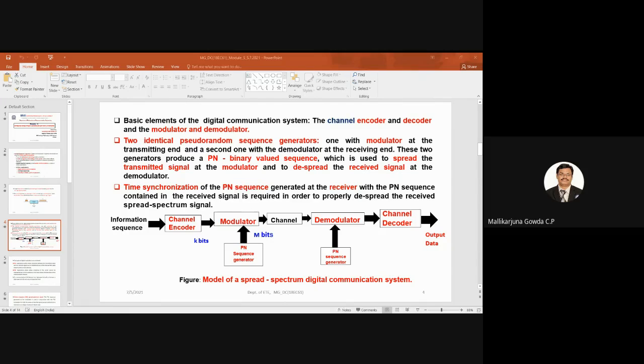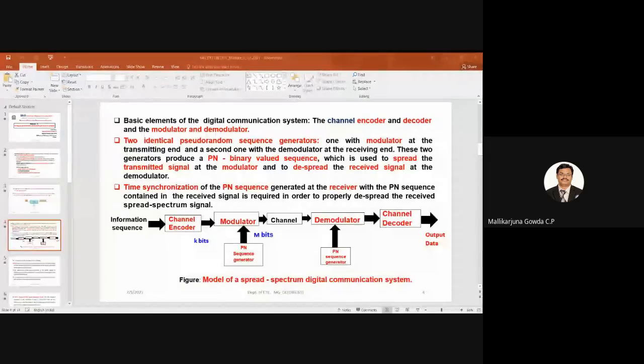As I said, the modulation techniques preferred in spread spectrum communication are BPSK as well as FSK. These are the two widely used modulation techniques in spread spectrum digital communication systems. Other modulation techniques can also be used, but we are going to discuss these two.